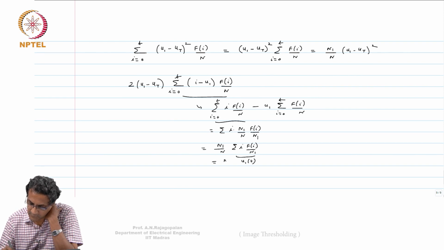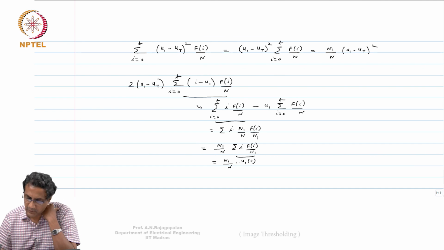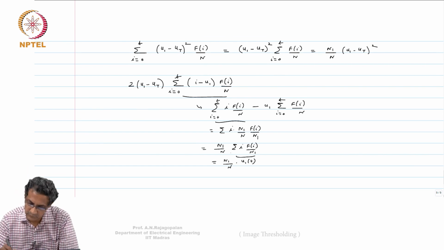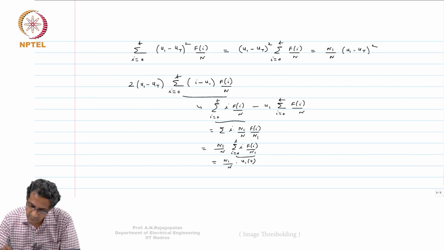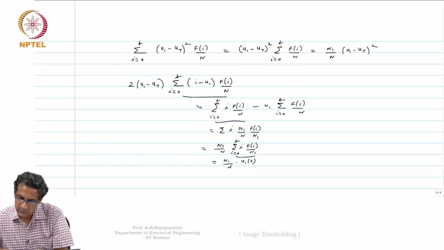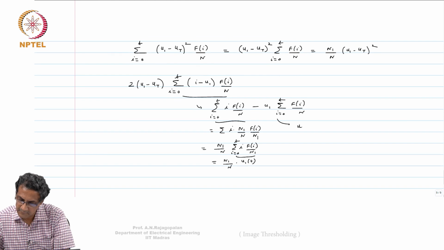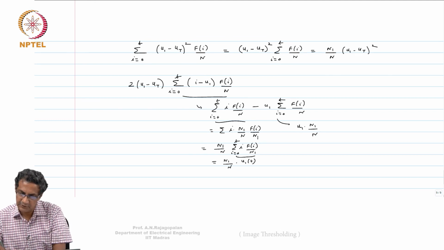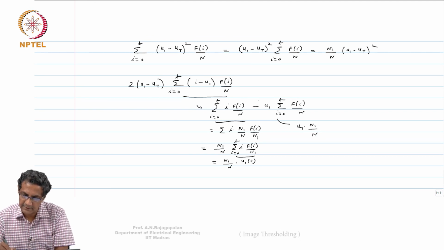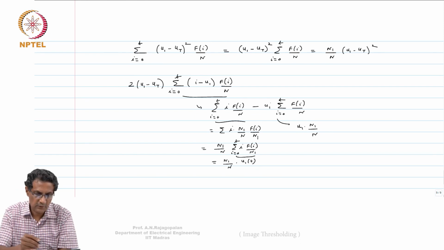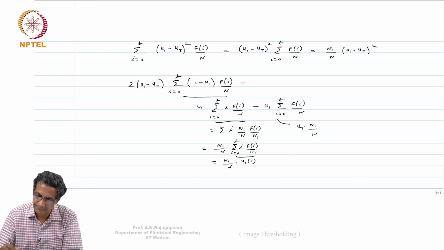Therefore, this will be equal to n1 by n into mu 1 of t, with i equal to 0 to t, of course. Look at this. What have we got here? This summation is simply mu 1 into summation i equal to 0 to t f of i, which is n1 by n. And therefore, these two are exactly equal and they subtract each other. Therefore, this term will go to 0.